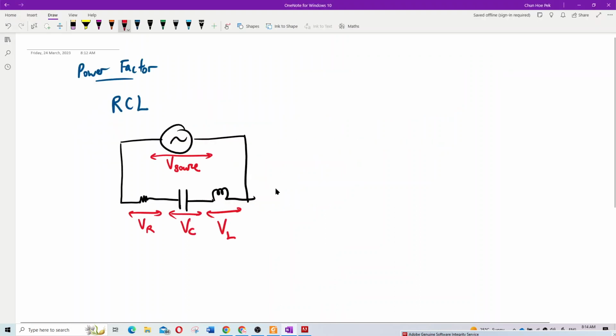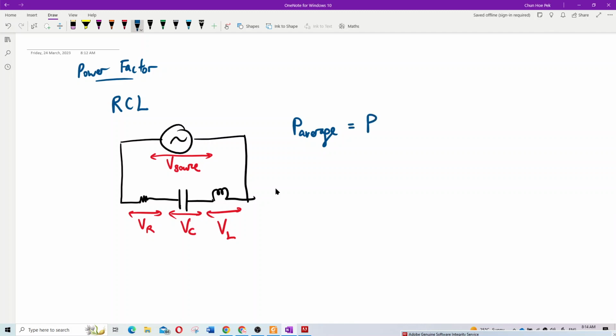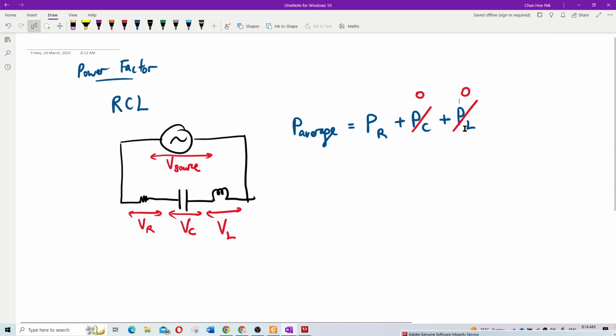To find the average power for this circuit, it is equal to the power across the resistor only. Understand? Because the power for capacitor and inductor are all zero.